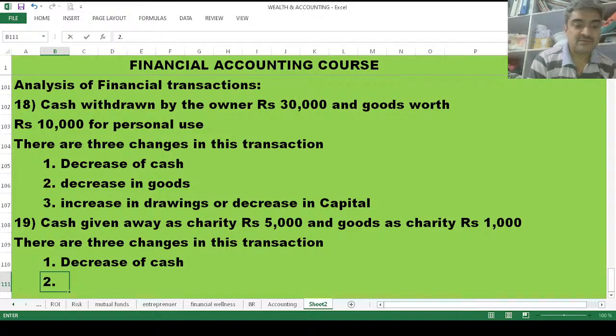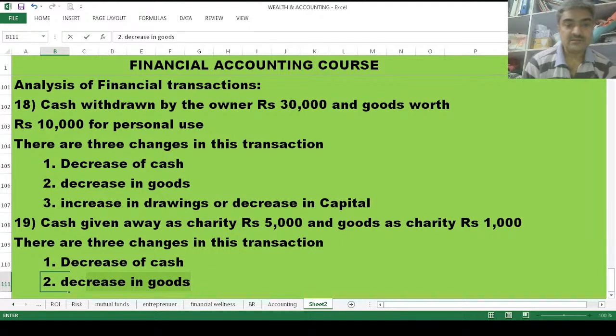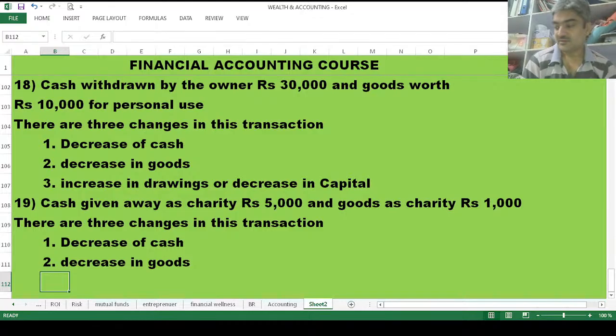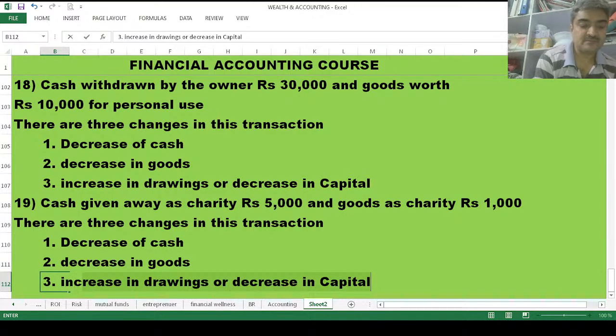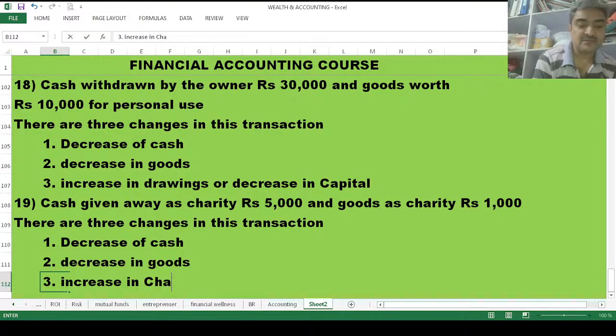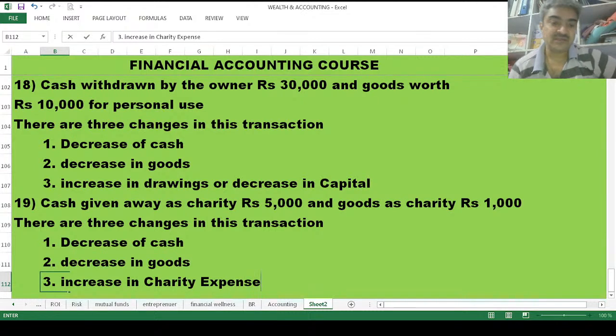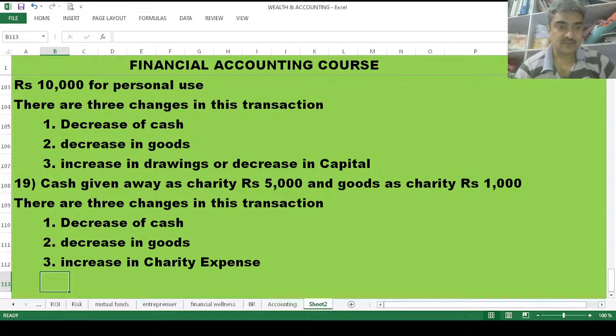Number two is decrease in goods, and number three is increase in charity expense. Please remember that charity is an expense item. Okay.